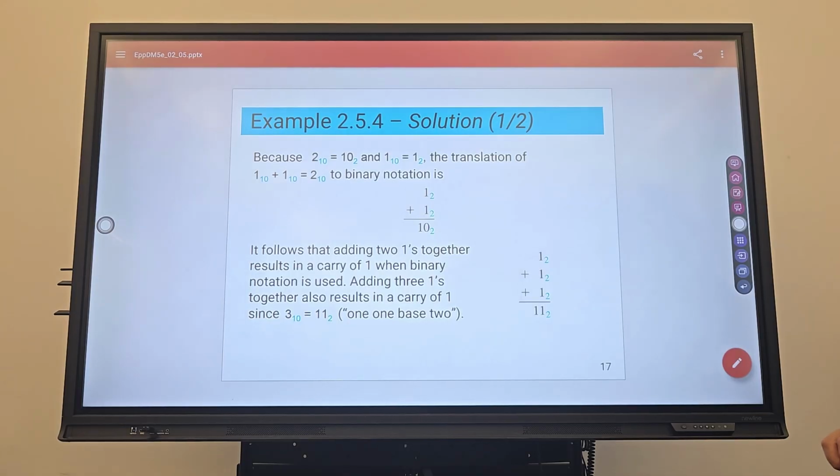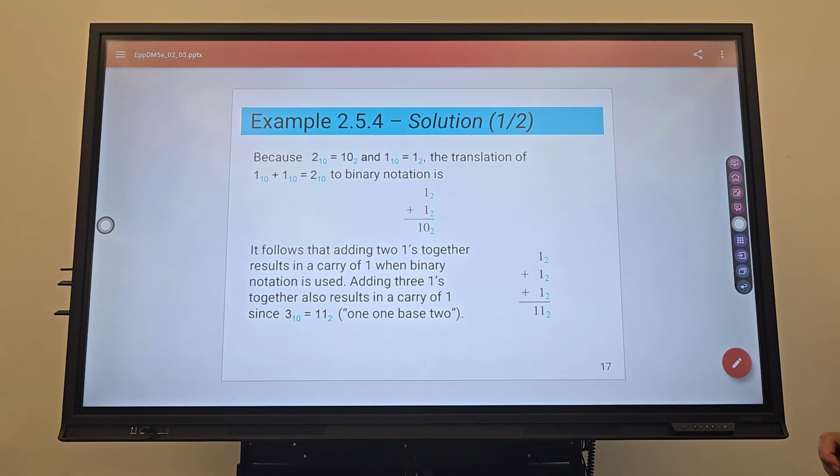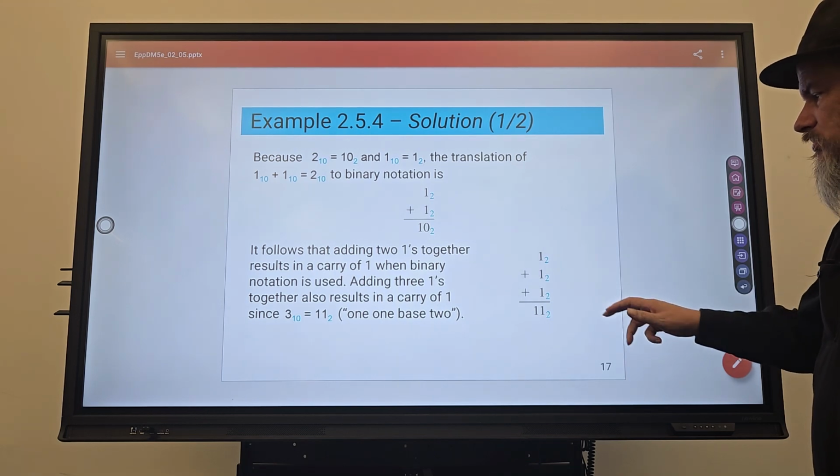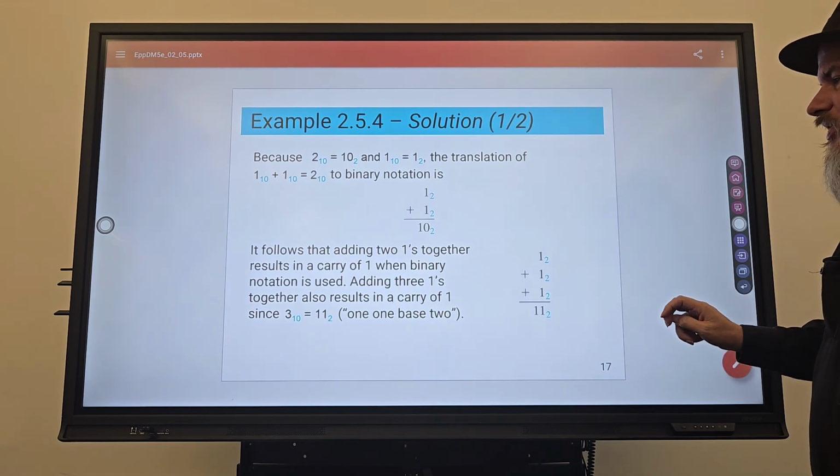Adding 2 1's together results in a carry of 1 when binary notation is used. Adding 3 1's together also results in a carry of 1. So 1 plus 1 plus 1 is 11 in binary.